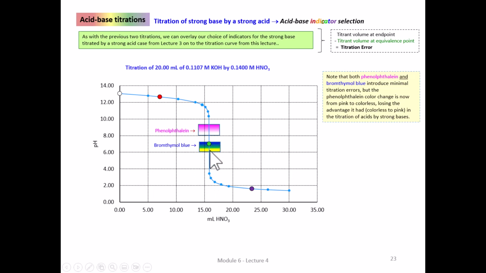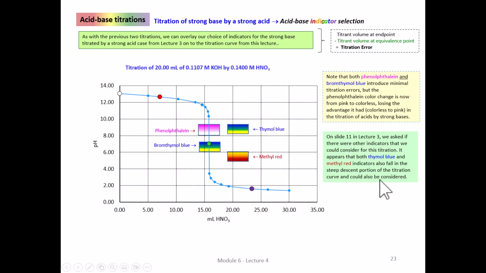So they would minimize the titration error. Using phenolphthalein here in this steep descent portion is fine, although recall that phenolphthalein loses a little bit of its luster here because the transition now is from a color, pink, to colorless, which is not as easy to pick up as the transition for the titration of the acid, which would give you colorless to pink.